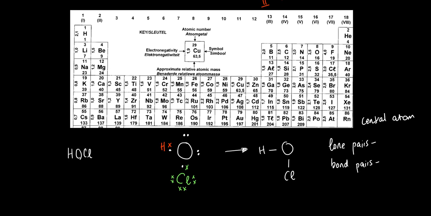4 lone pairs. Okay. Yes, ma'am. I like your definition there, ma'am. Actually, a lone pair is a pair of the same electrons, meaning it's 2 electrons from the same atom that are not bonded with anything else.